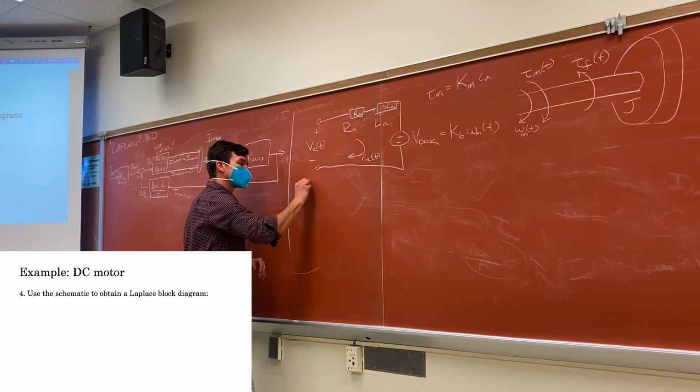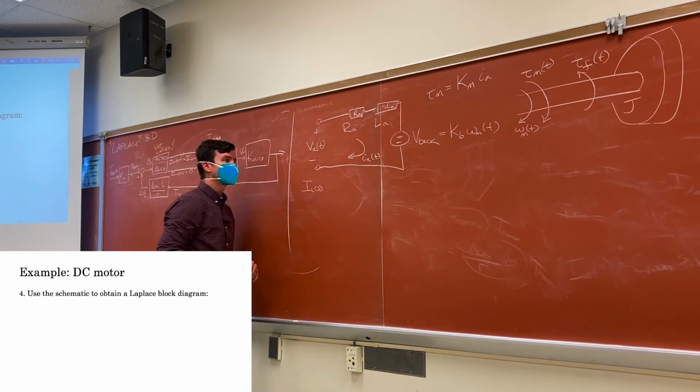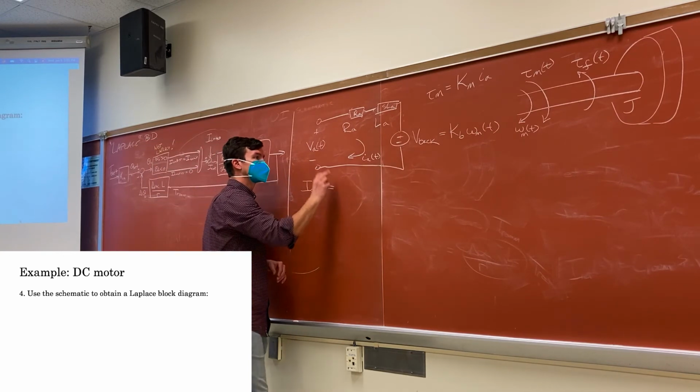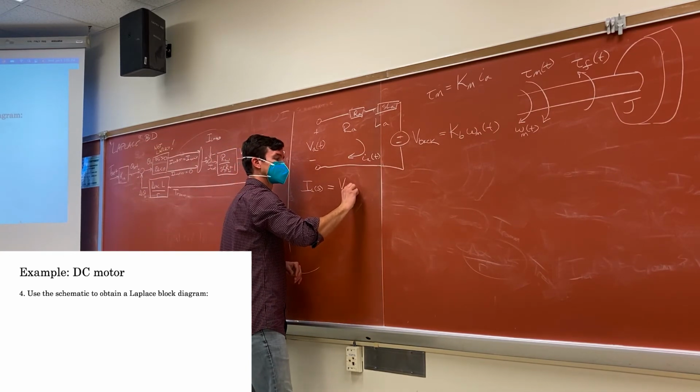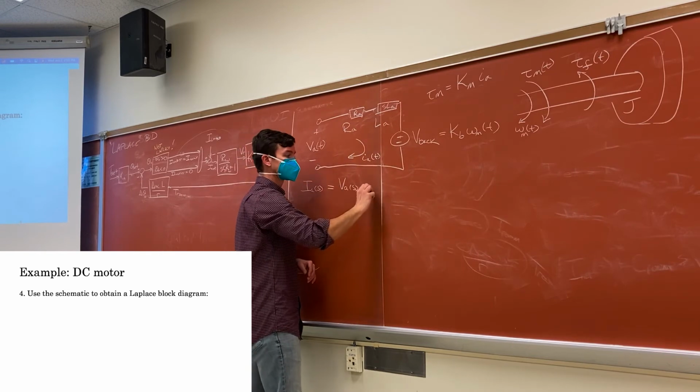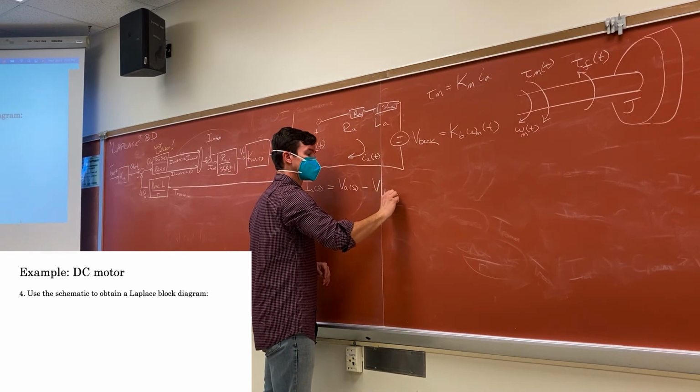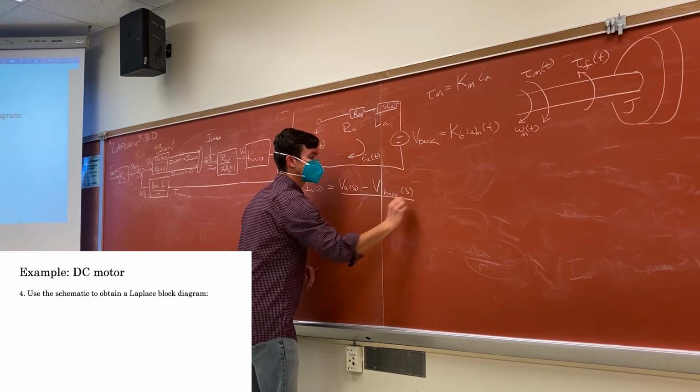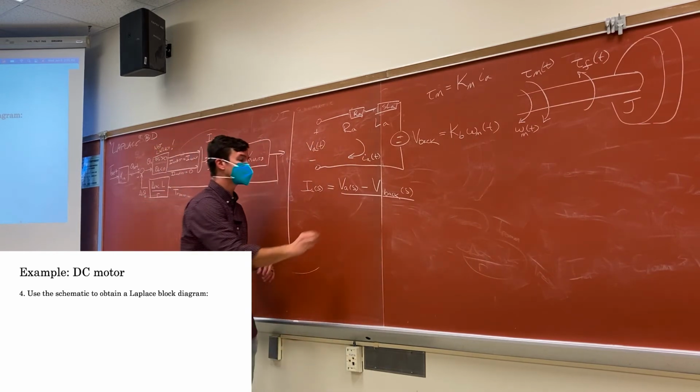And so the current in the Laplace domain is the change in voltage across the components divided by the impedance, which is R plus SL.